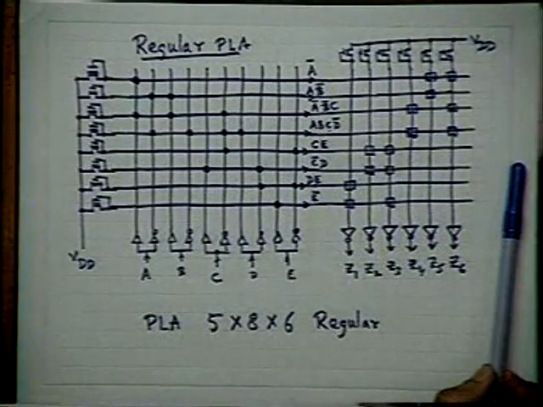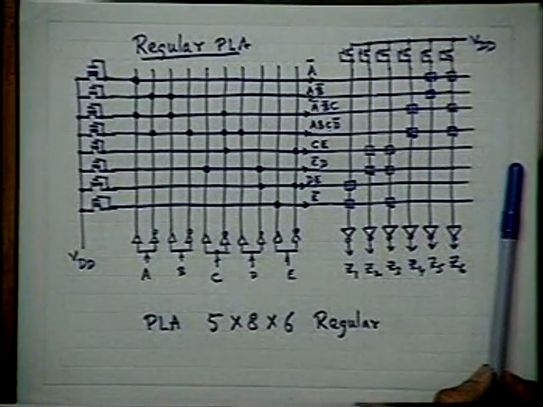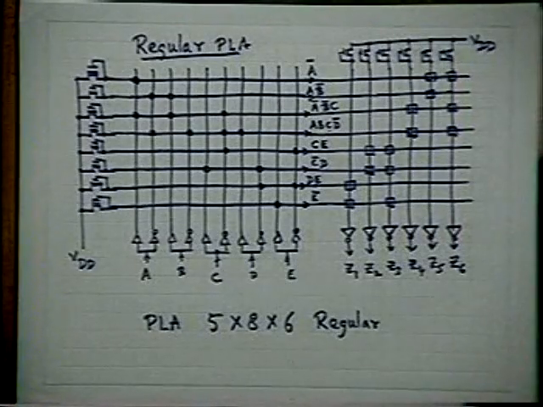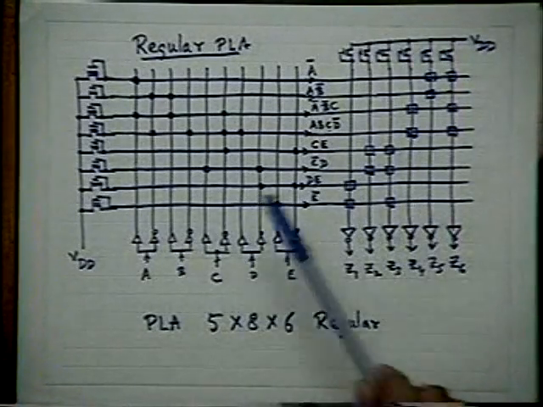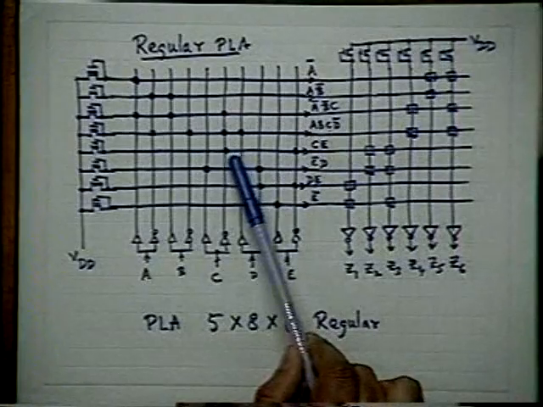This is called row folding. Similarly, it is also possible to fold the columns. I can split the columns. I can do the folding of rows and columns not only in the AND plane but also in the OR plane. So there are four possibilities for compaction. One is AND plane row folding.